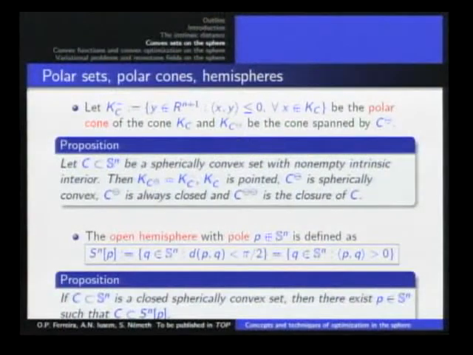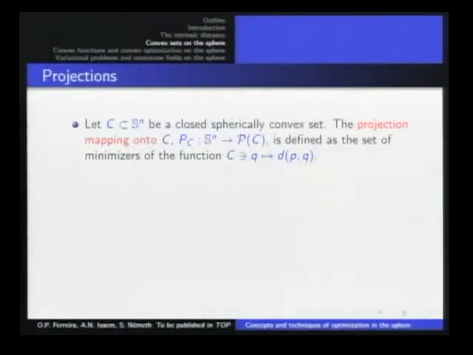So the closed hemisphere is not convex, the open one is. Precisely, if I have a closed spherically convex set, there is a point in the sphere such that C is contained in the open hemisphere related to that point. So every convex subset of the sphere is contained in an open hemisphere. Something which does not fit in a hemisphere cannot be convex, because the geodesic will always go to the other side.